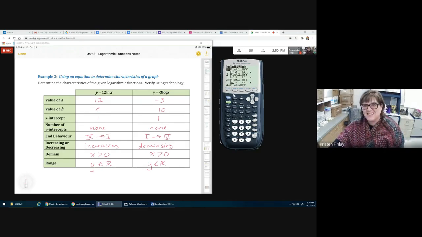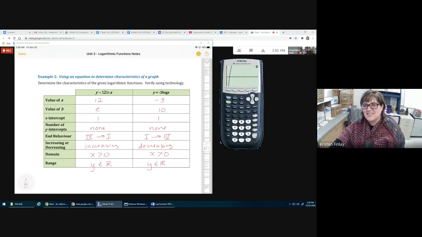So we're going to clear my y equals. For the first one, we have 12 ln x, and let's graph it. So value of a was 12, value of b is e, x-intercept is at 1, so let's test that.